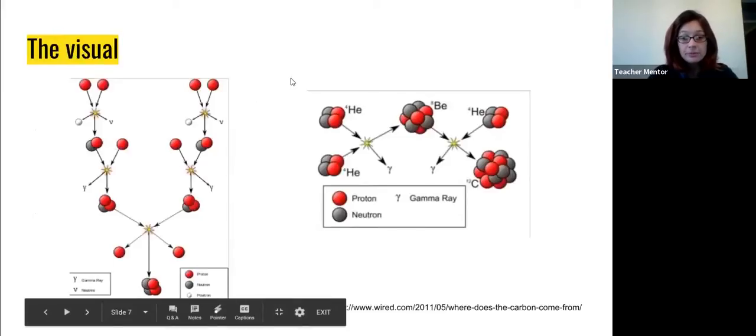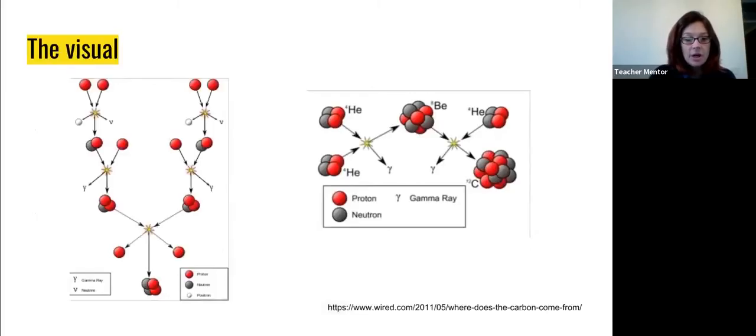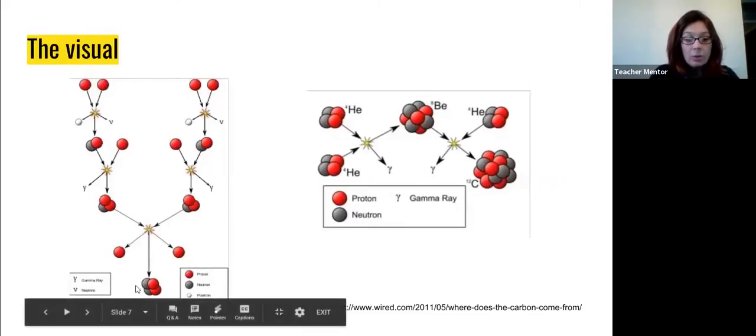Okay, so here are a couple of pictures that I found. These red circles are protons, and the protons that are formed in the helium nuclei are going to keep multiplying until we have carbon.